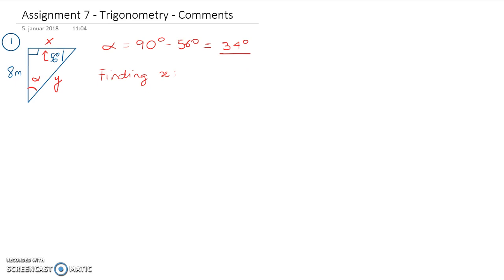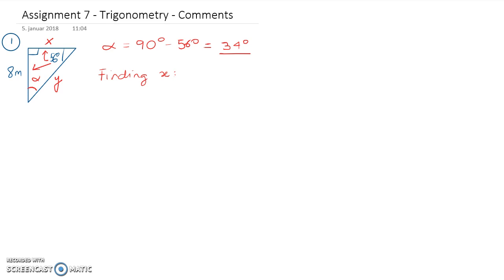So going back to what we know. We want to find the side that is next to the angle, and we know the side that is opposite. So we need to use a trigonometric ratio that involves the side that is opposite. So we're going to use the tangent. Let me erase that and make it look nice.